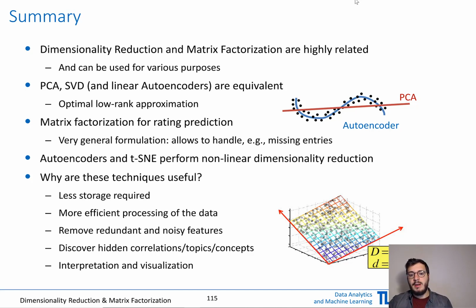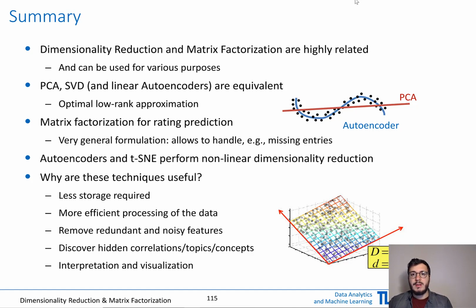We saw that PCA and SVD, so the principal component analysis and the singular value decomposition, and now the linear autoencoders are all equivalent to each other, and they all find the optimal low rank approximation. So having a low dimensional representation of the data is useful because we need less storage for it, and we can also do faster processing.